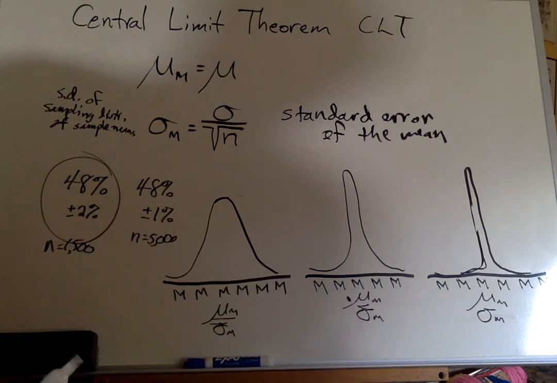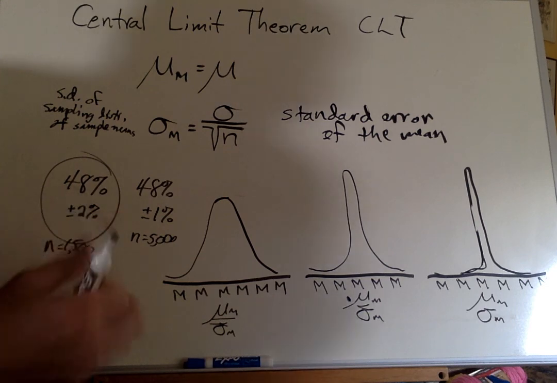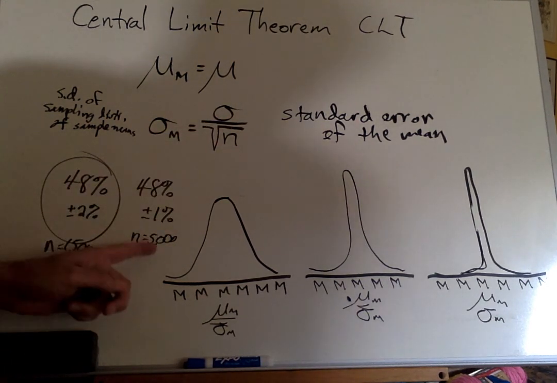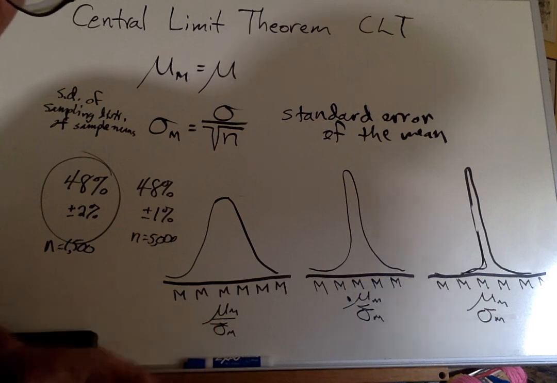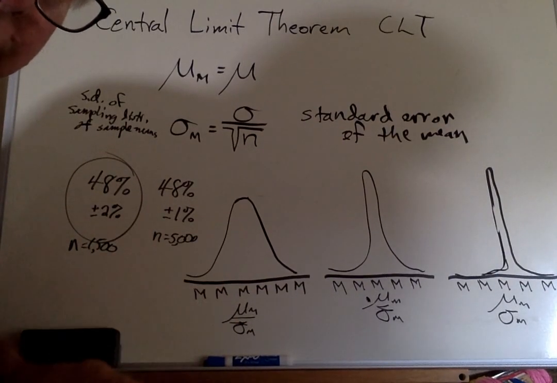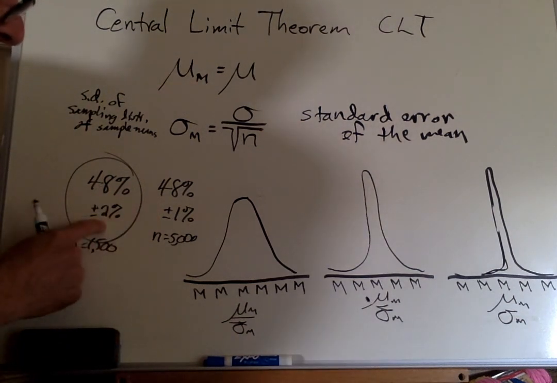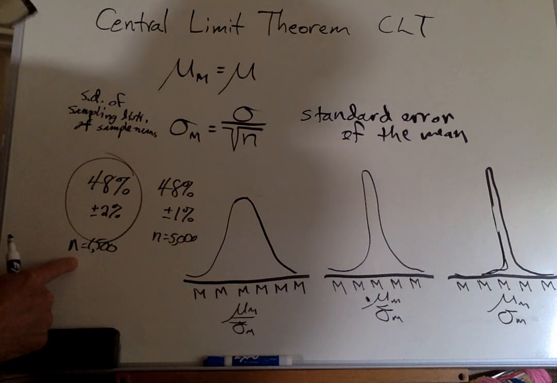Notice what happens. We're still going to make our guess for the overall approval, but look what's happened to our standard error. If I have a larger n, my standard error comes inward, right? So that I am more confident here than I am here because it's based on 5,000 versus 1,500.